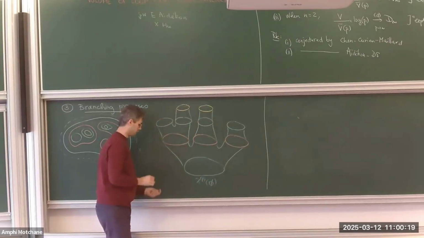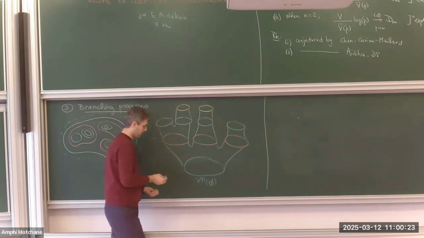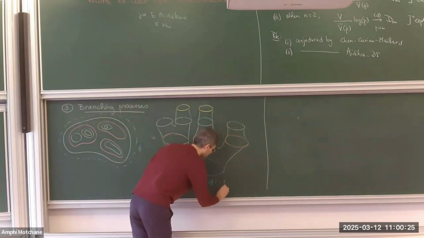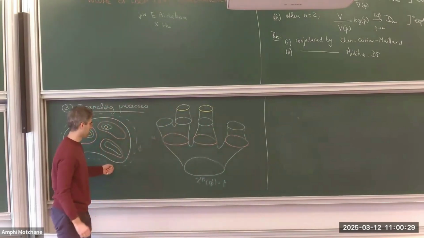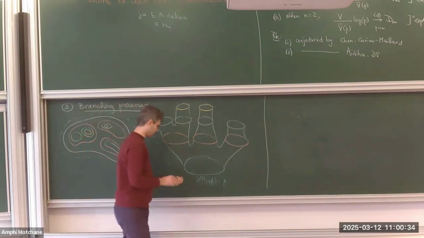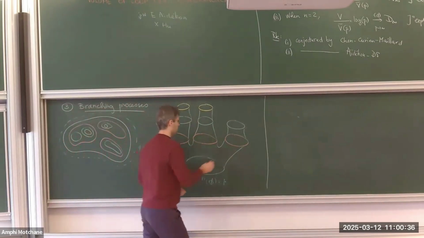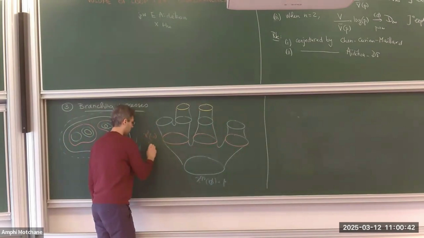I'm going to call chi p of u, for a node u, the perimeter, say the half perimeter of this loop. So for the imaginary loop, since I'm starting from a half perimeter p, this is going to be just p, and then this is just the half perimeter of that loop.